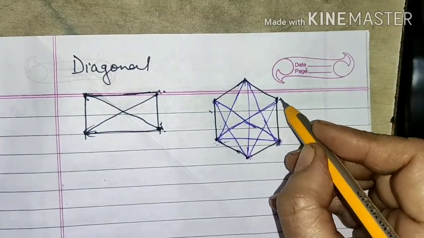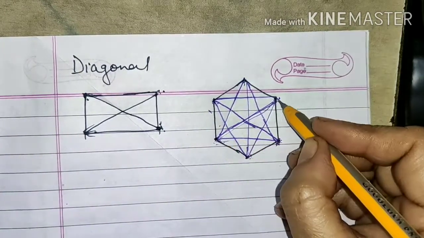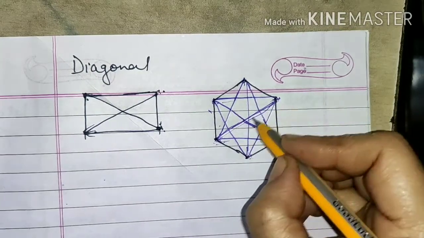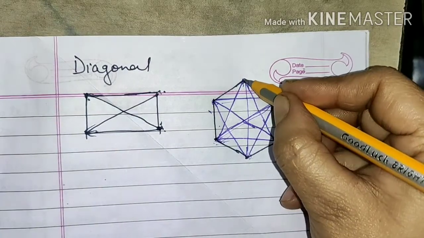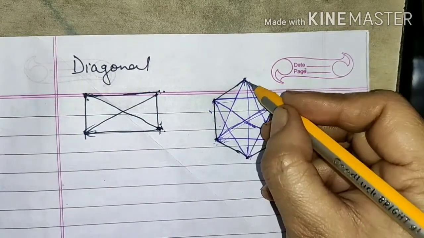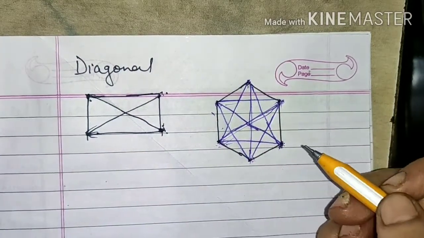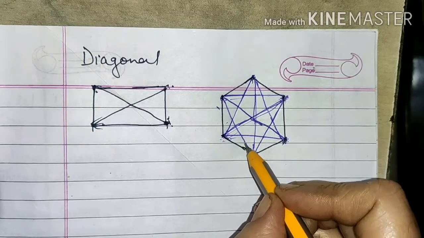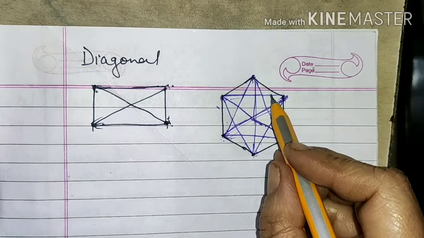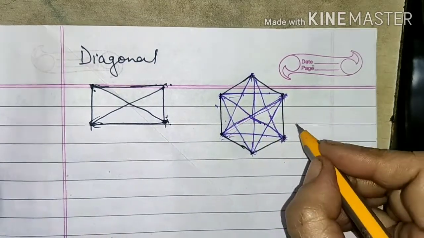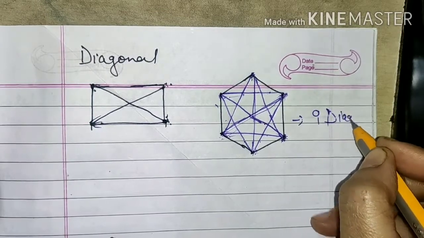Now this one is already joined with this one, so join with this and this. Now for this one, these are already joined. So this is a very complex figure. Now we have to count how many diagonals we have. 1, 2, 3, 4, 5, 6, 7, 8 and 9. We have 6 vertices and 9 diagonals, but it's quite complicated.